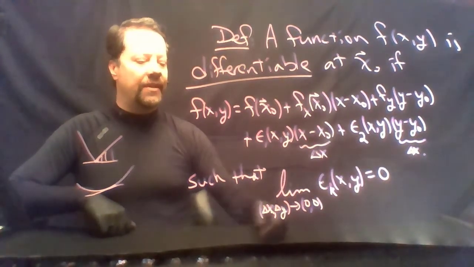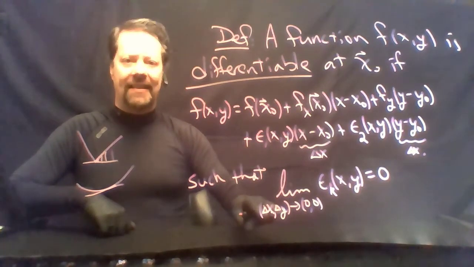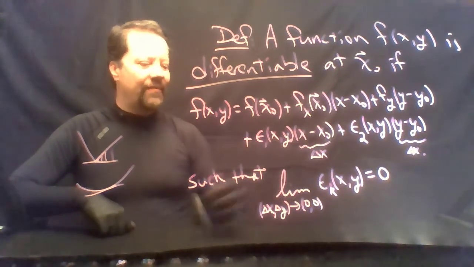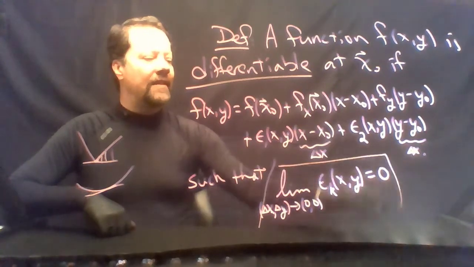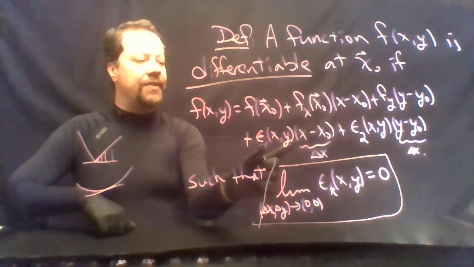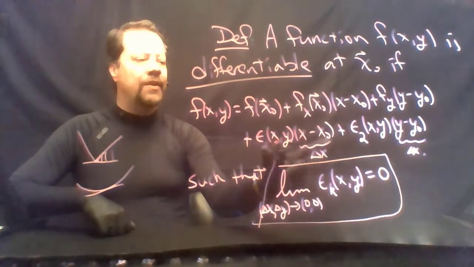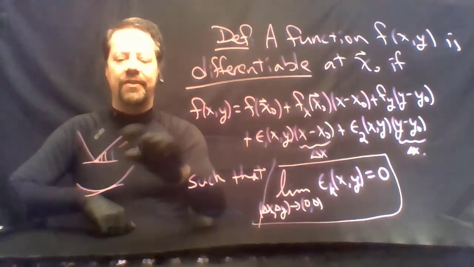Both of these go to 0 in the limit as delta x and delta y go to 0. In this case, we have this going to 0, this also goes to 0, so the error terms go to 0 faster than a linear rate. So you see, if the function is differentiable at some point, then the tangent plane makes a good fit.